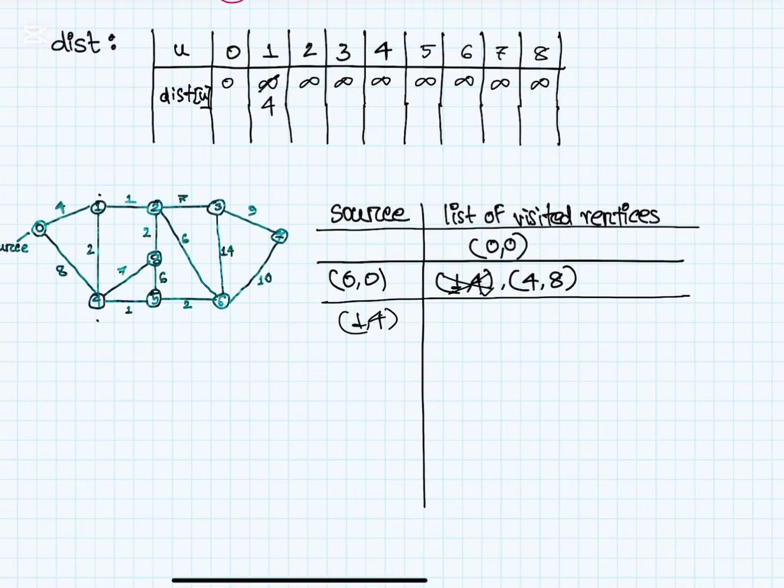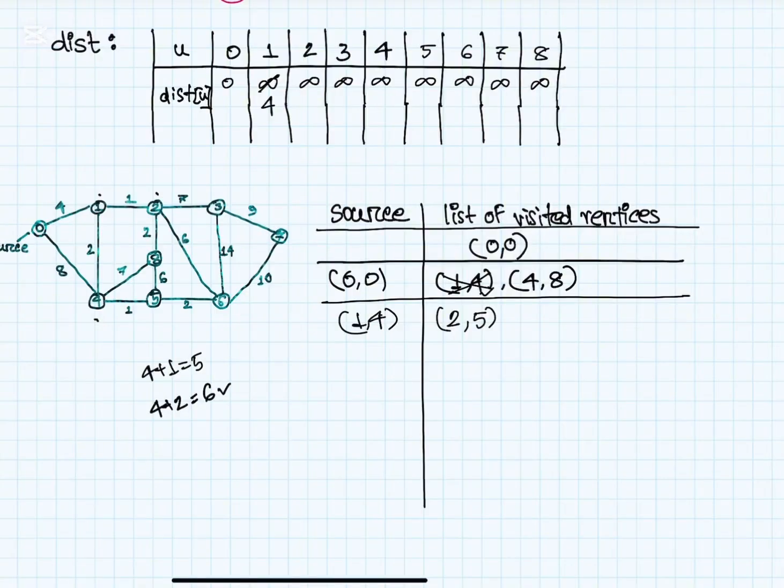And the adjacent vertices of 1 is 2 and 4. So the distance of 2 will be 4 plus 1 equals to 5. So 5. And let's calculate the distance of 4 via 1. So 4 plus 2 is equal to 6.